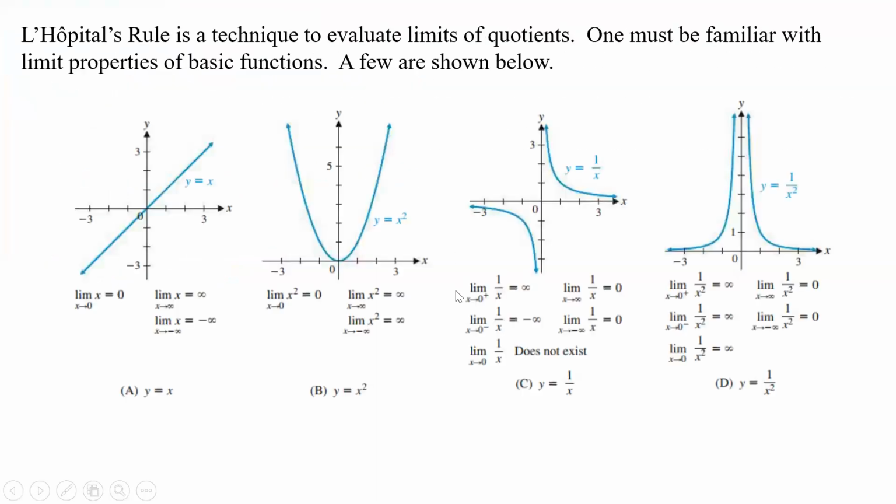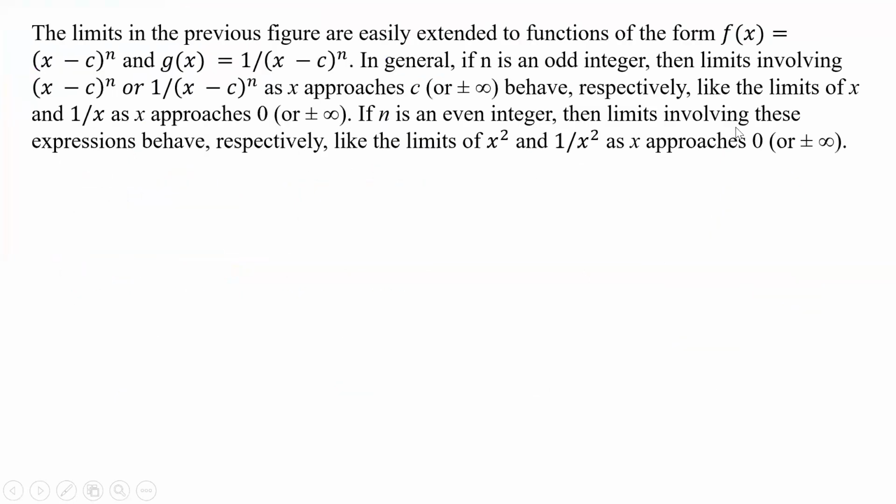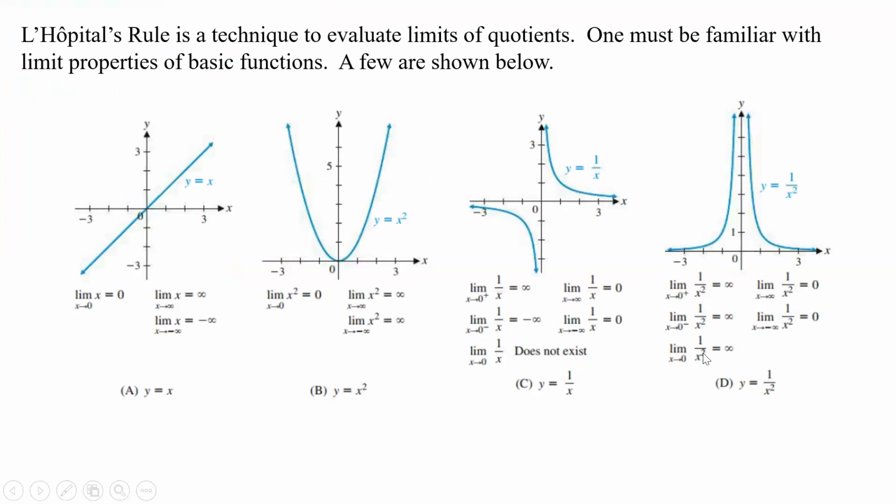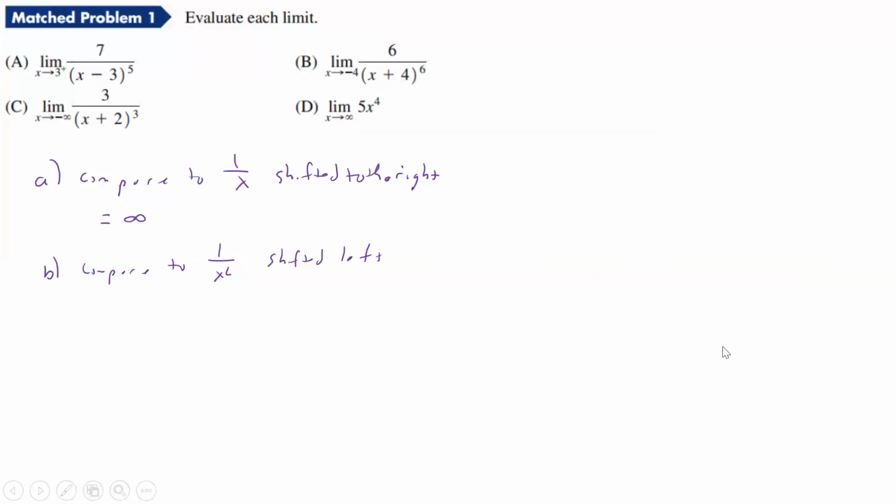If we look at our 1 over x squared, because we go to positive infinity from both the left and the right, when we approach that negative 4, it's going to be positive infinity. So it's going to be infinity.